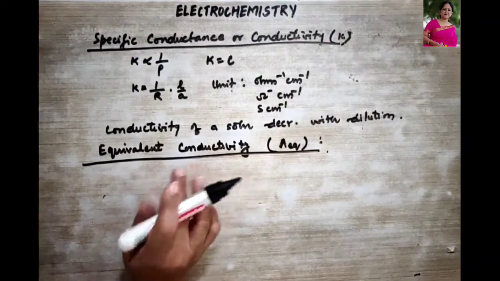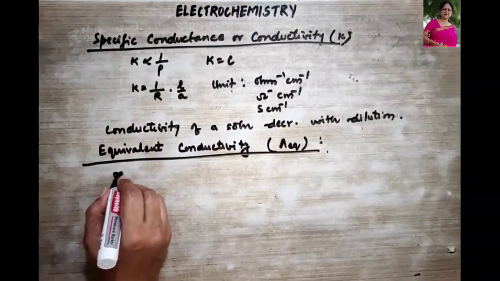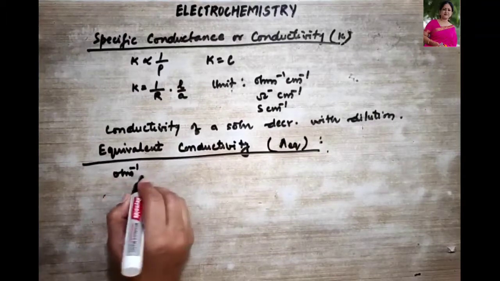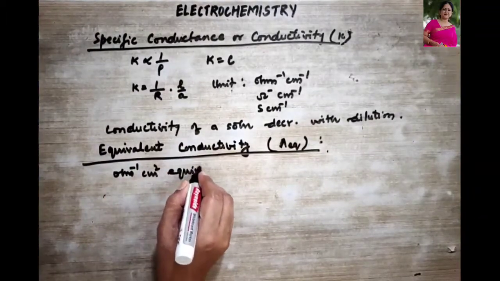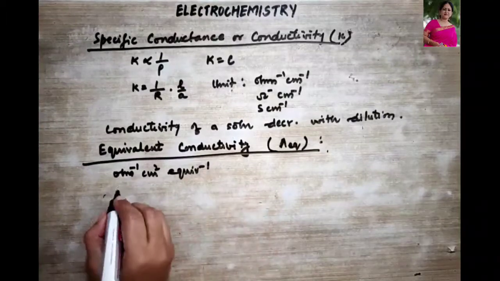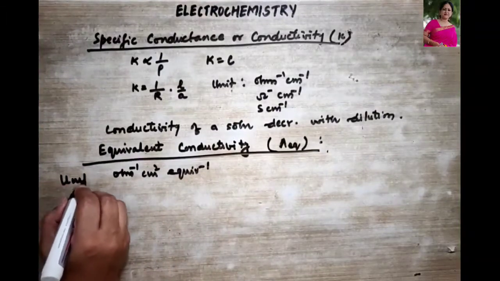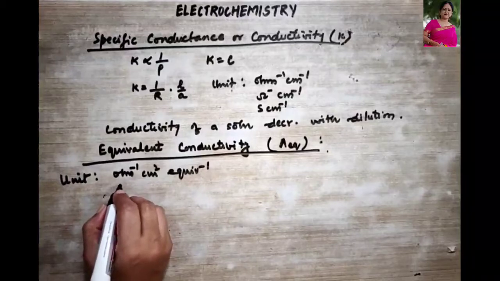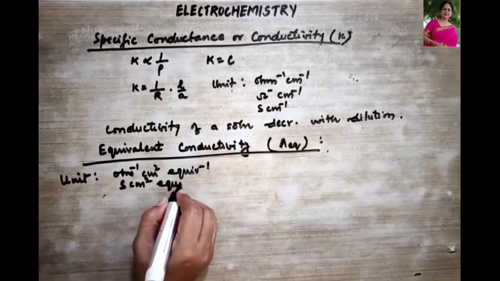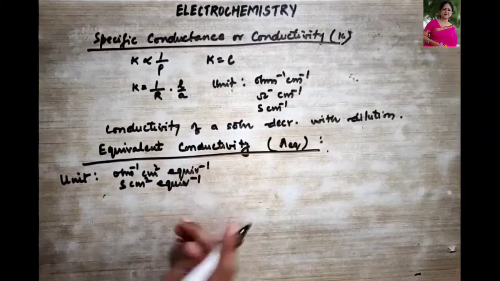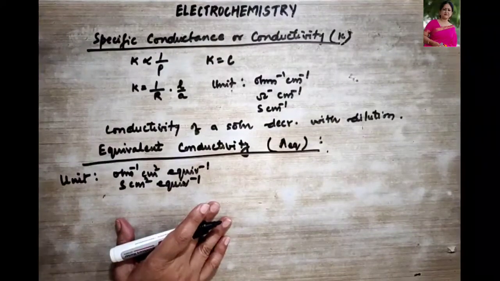And the unit of equivalent conductivity is what? Per ohm centimeter square equivalent, or it could also be written as Siemens centimeter square per equivalent, right?